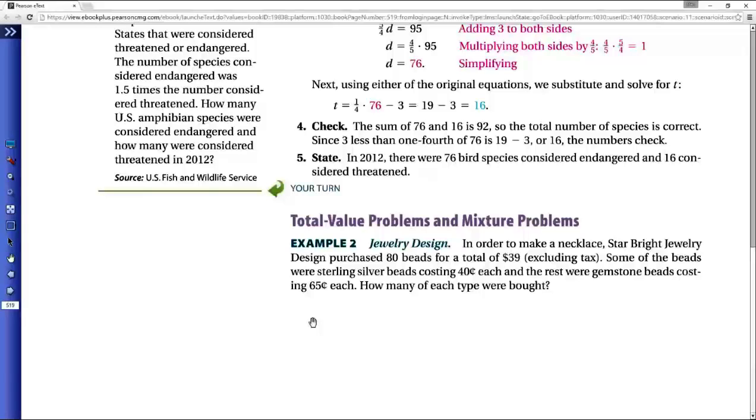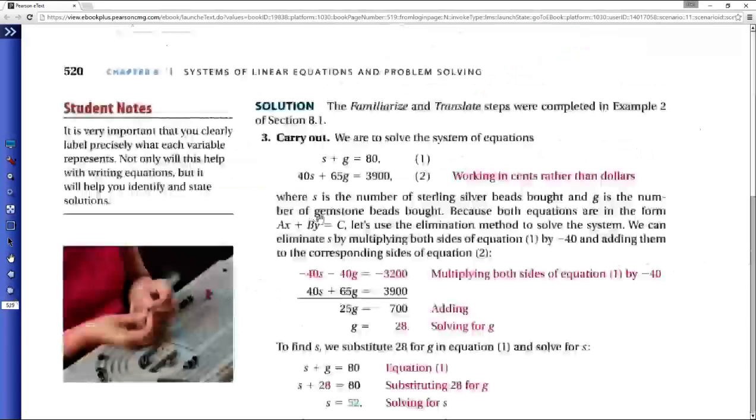Some of the beads were sterling silver beads, and they tell us the cost of those was 40 cents, and the rest, the gemstone beads, were 65 cents. So we're getting a lot of information here.